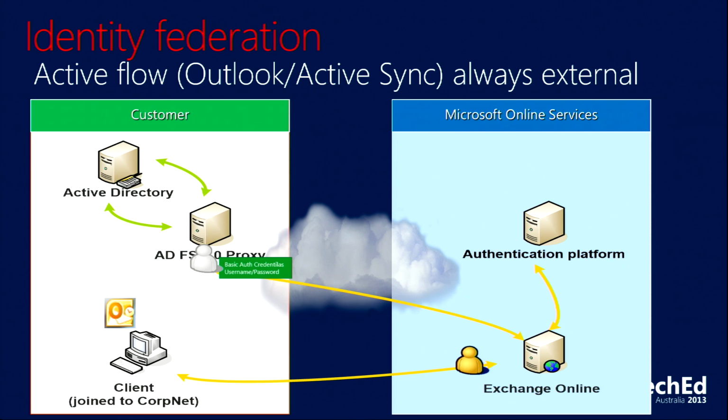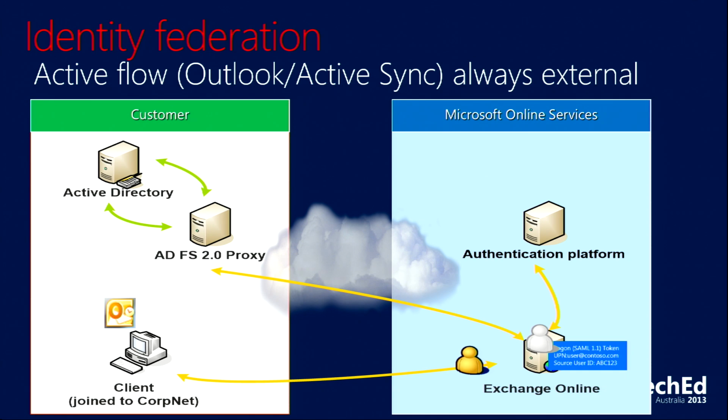ADFS 2.0 is going to get the basic authentication credentials, authenticate the user against Active Directory, and get a Kerberos ticket. And again, the ADFS server will transform that Kerberos ticket into a SAML 1.1 token, with all the necessary claims, and that SAML token will be returned to Exchange Online.